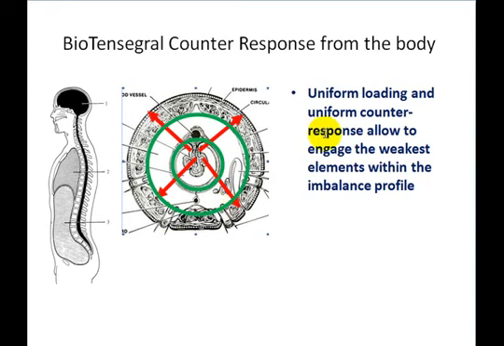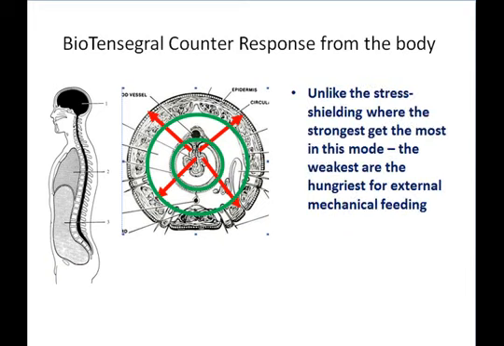And this is the key, that uniform loading within the biotensegrel loading pattern, or biotensegrel compression, gives us uniform counter response that allows us to engage the weakest elements within the imbalance profile. That's the key.